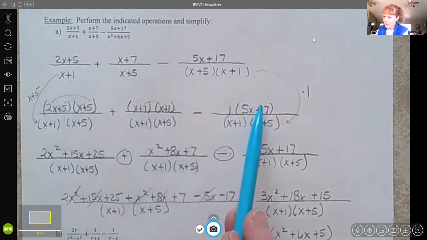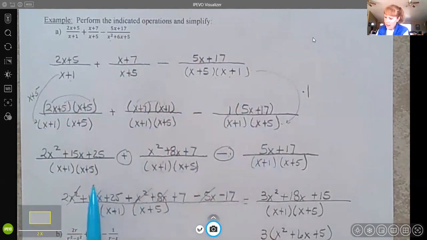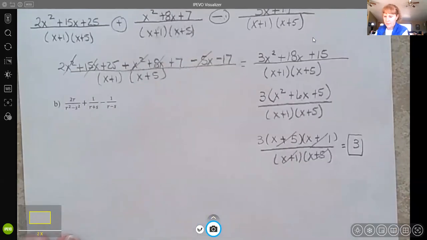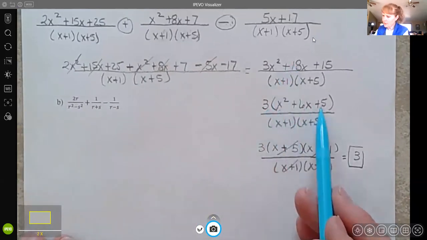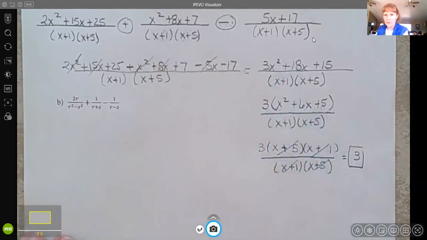Lots of places to make little mistakes. And then we took this plus this, and we remembered that because of the subtraction, we changed the sign on those two. We combined similar terms for all of the numerators, took out a 3, factored it, reduced, and you end up with 3.